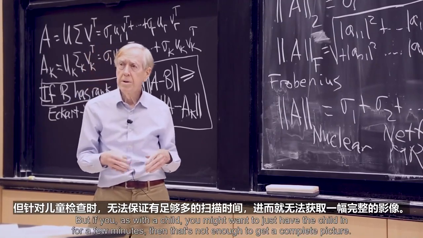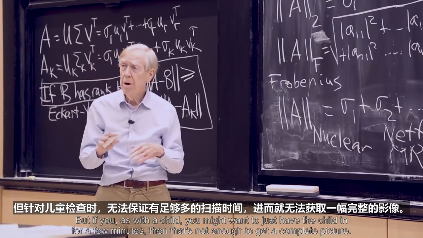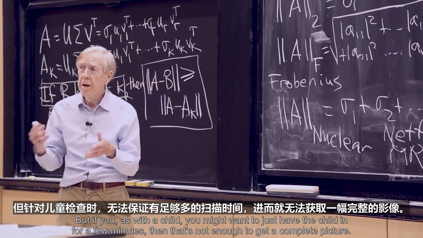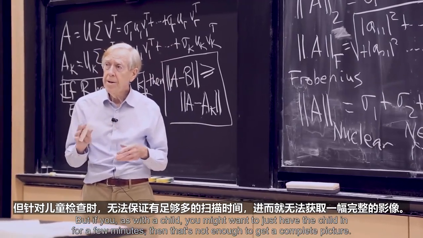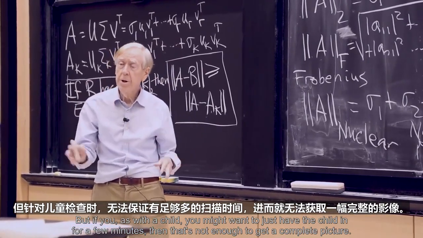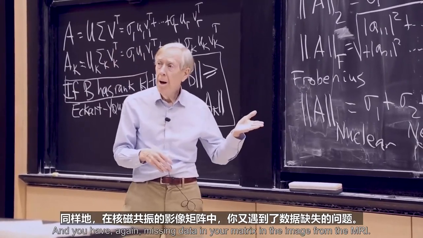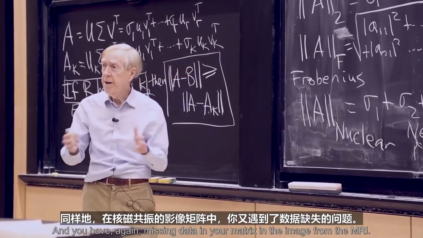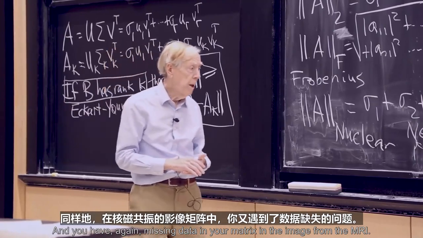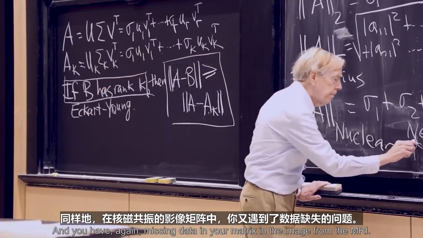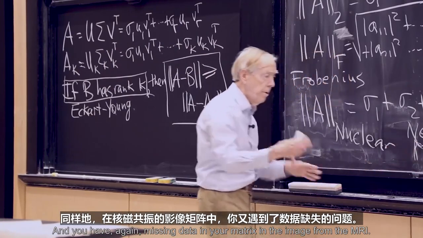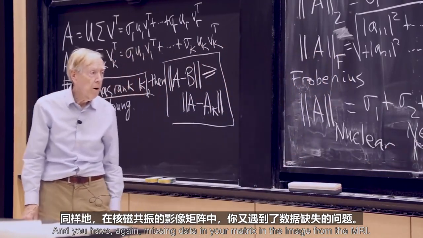But as with a child, you might want to just have the child in for a few minutes, and that's not enough to get a complete picture, and you have again missing data in your matrix, in the image from the MRI.